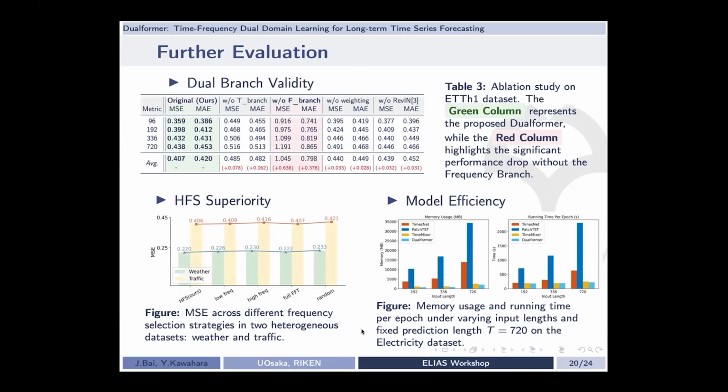And for the sampling strategy, we did some additional experiments. So here is the result. We tried just the local frequency, just the low frequency, just the high frequency, the full spectrum, or randomly selecting frequency ranges for each layer. We did these 4 types of ablation here.